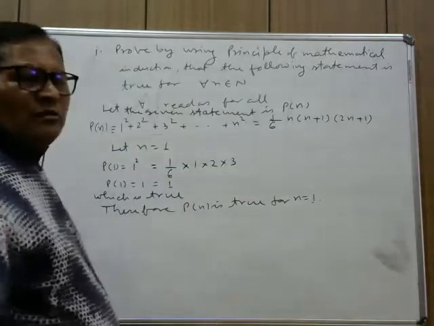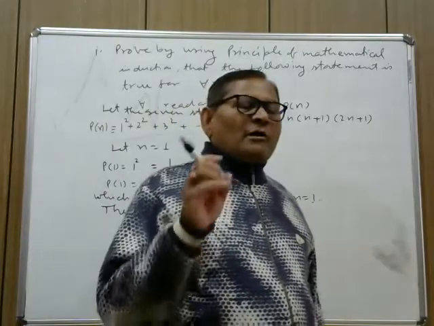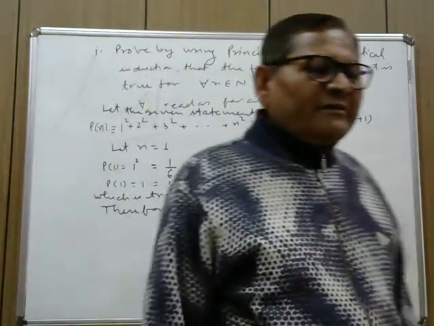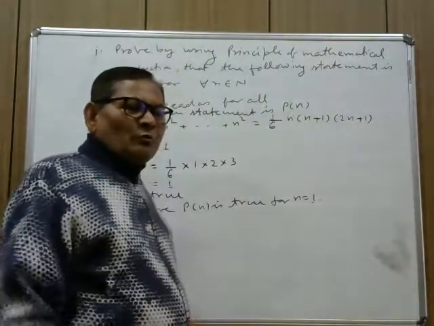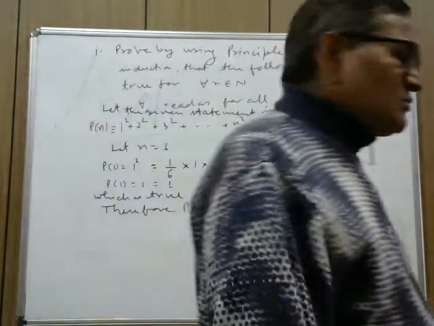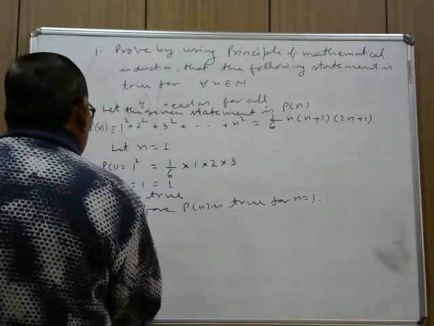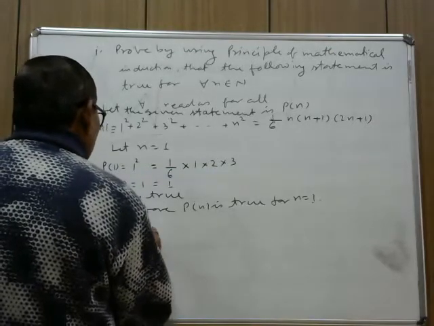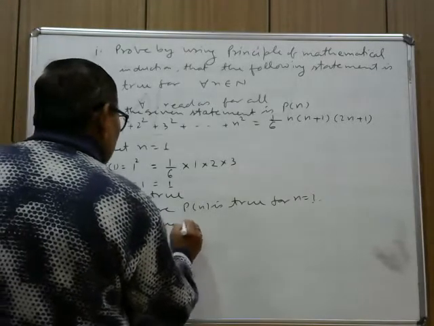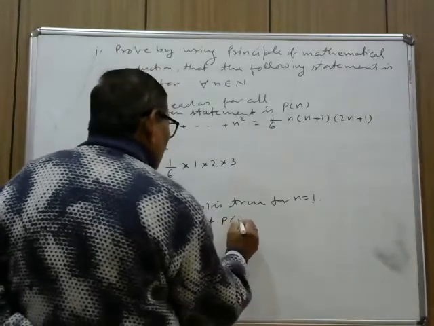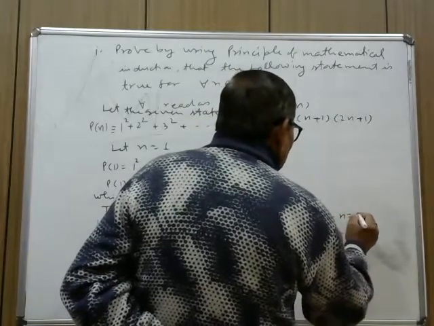And now after that you are going to induction step. In induction step, what you are doing, first of all you are assuming that the given statement is true for n equals to k, and then you are going to prove it is also true for n equals to k plus 1. So we assume that Pn is true for n equals to k.